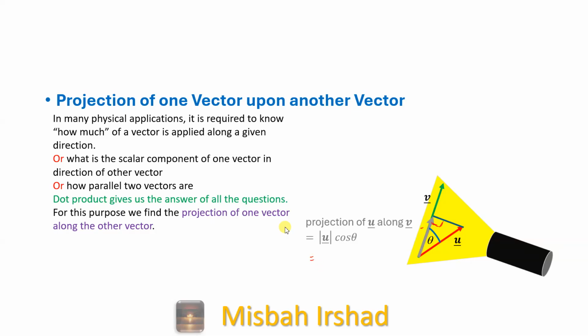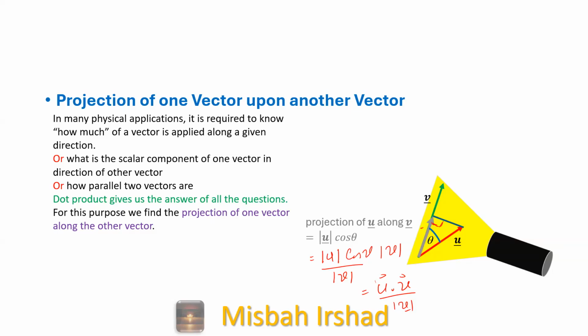If we are required to write it in terms of dot product, then divide and multiply this by v magnitude. Now the numerator becomes u dot v and the denominator is v magnitude, right? So this is the projection of u along v.